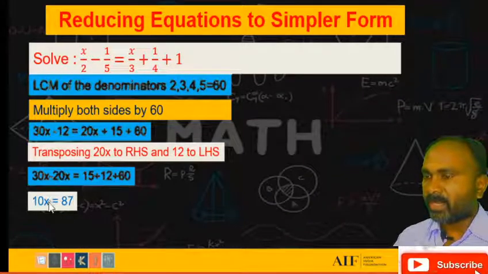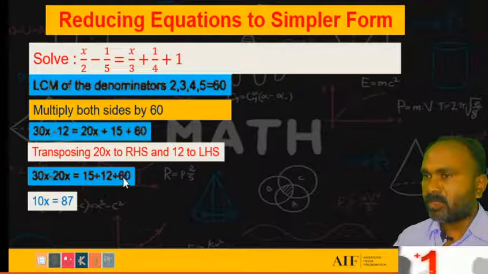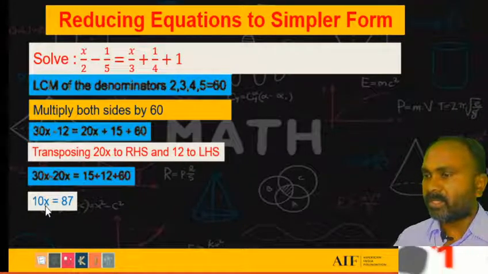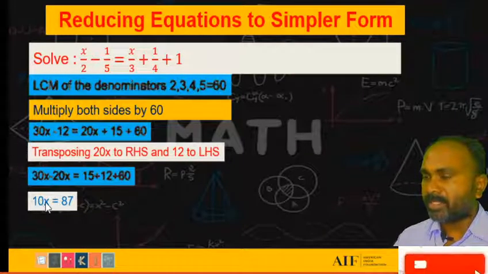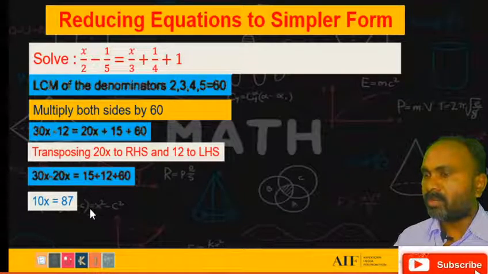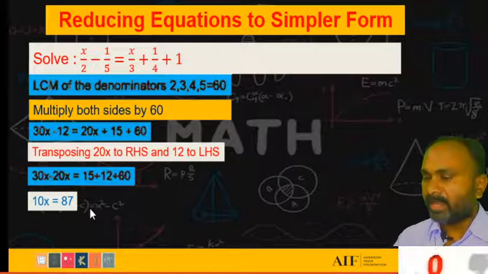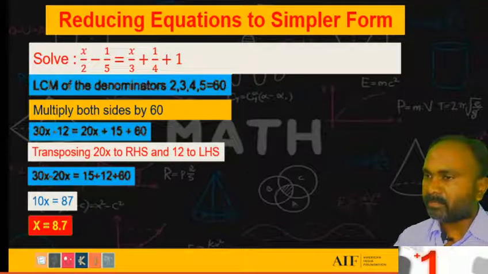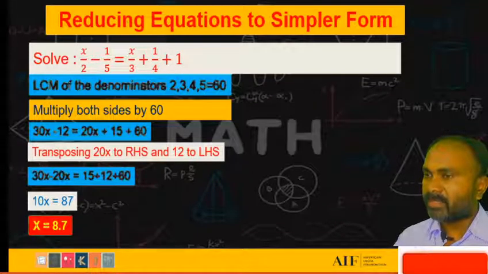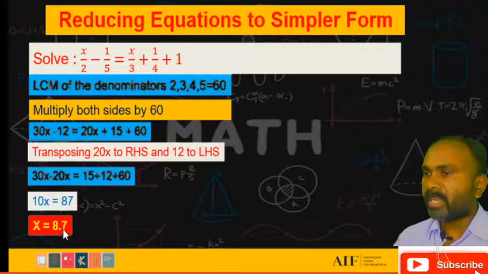So 30 minus 20 is 10x, and 15 plus 12 plus 60 equals 87. Here 10 is multiplied with x, so it transposes to the right-hand side as divided by 10. So 87 by 10, that is 8.7.